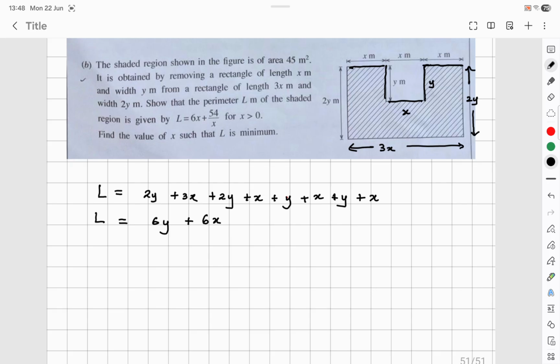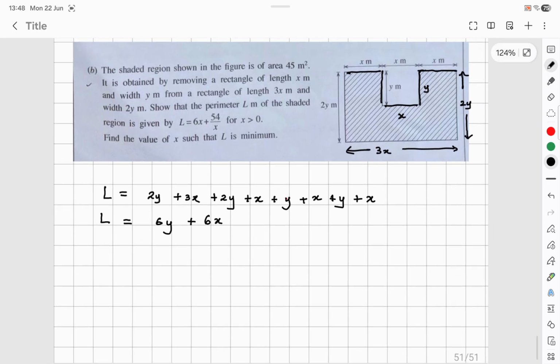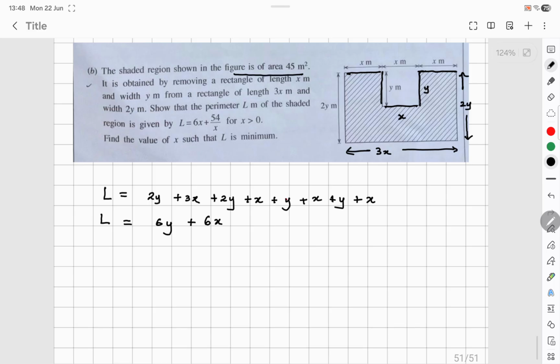We have to replace y. So to do that, we have to use this. Area of the figure is given. Let's write down a formula for area. Area is what? 3x into 2y, which is the big rectangle. From that, we have to remove what? This small rectangle, x into y.